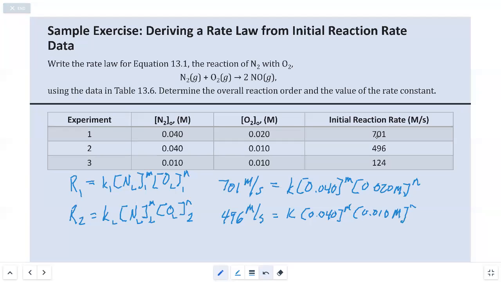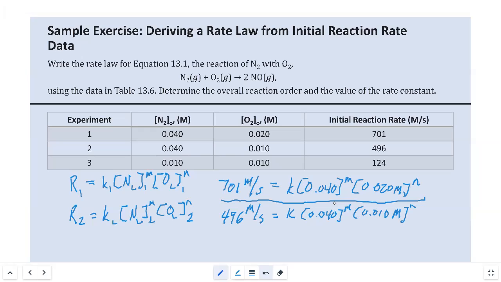Well, all that I need to do is I'm going to divide these terms into each other. Yeah, these should have concentration values in them as well.